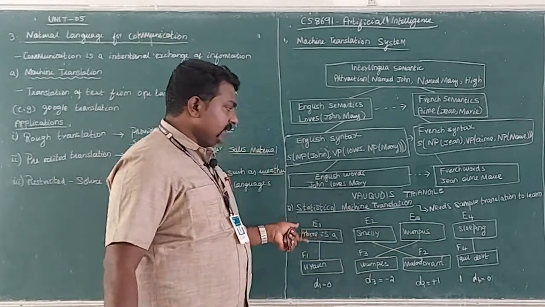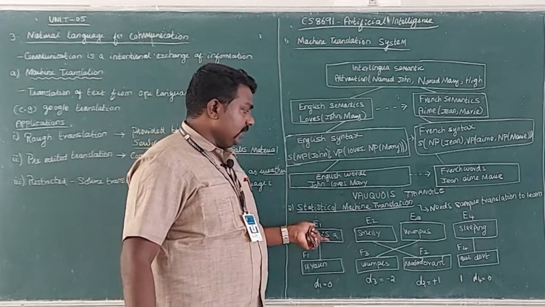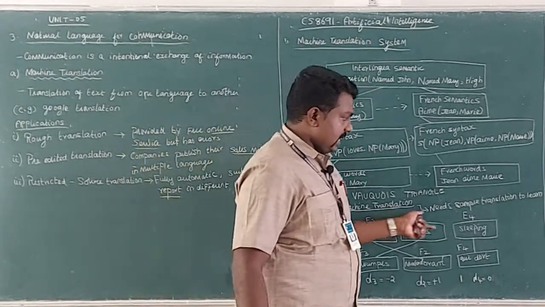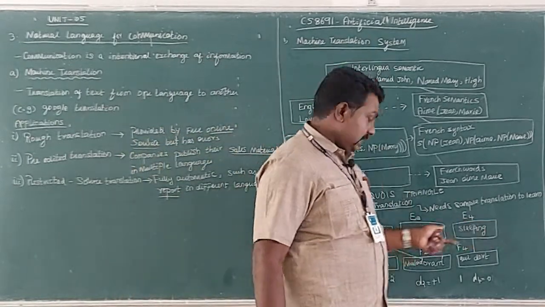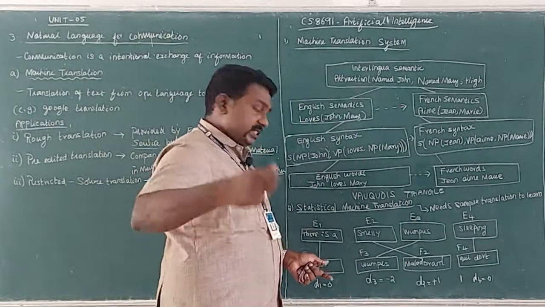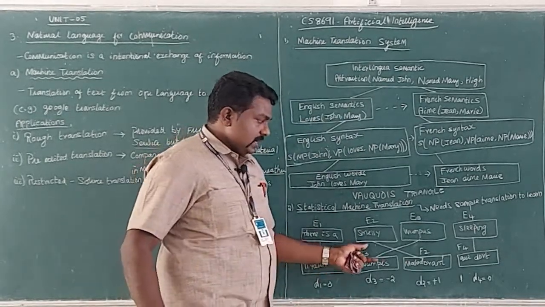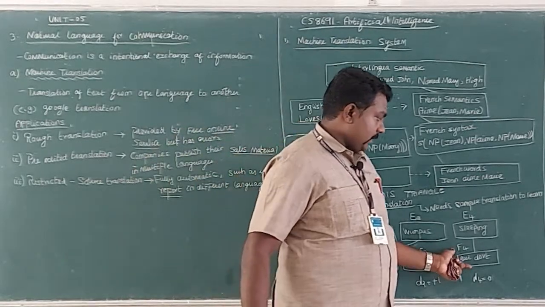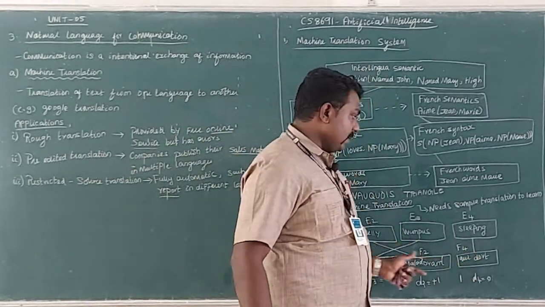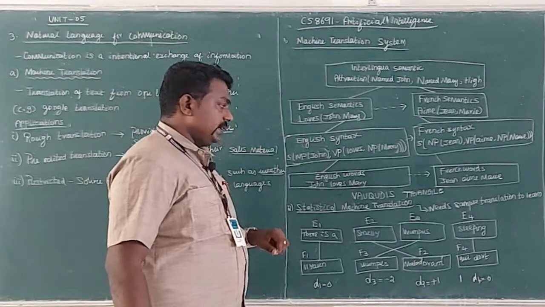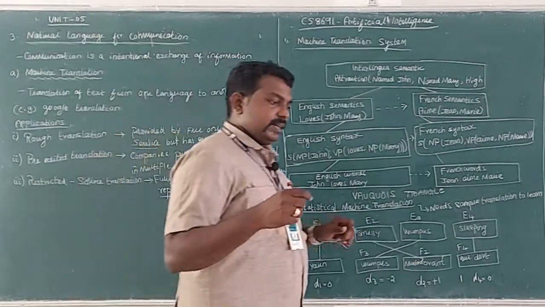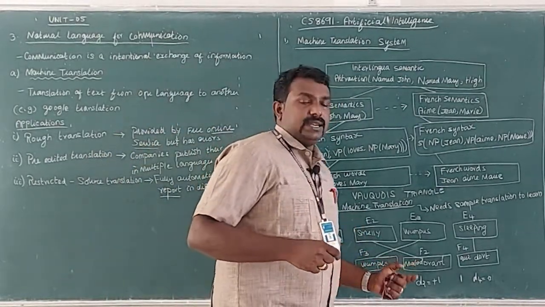So this is converted into different phrases like E1, English word 1, word 2, word 3 and word 4. Now if you see here, in French you can write it like that, with the words rearranged.